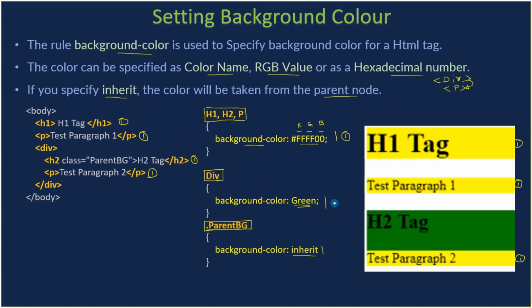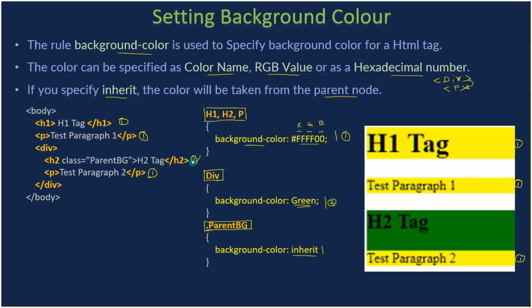Next comes the div tag, and we specify color as green here. And if you see, this is the div tag, and the div tag will have the color of green. And here parent bg is here.